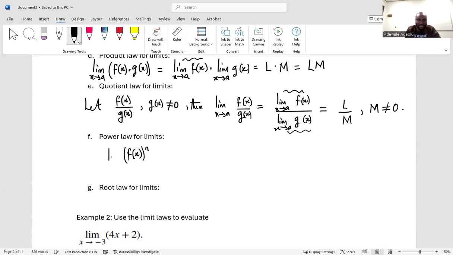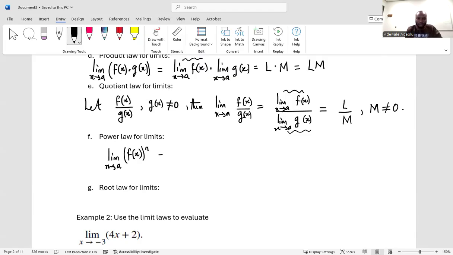Now, if I am taking the limit as x goes to a, I have a function, and I'm raising the whole function to a positive integer, then I am taking the limit of that function.